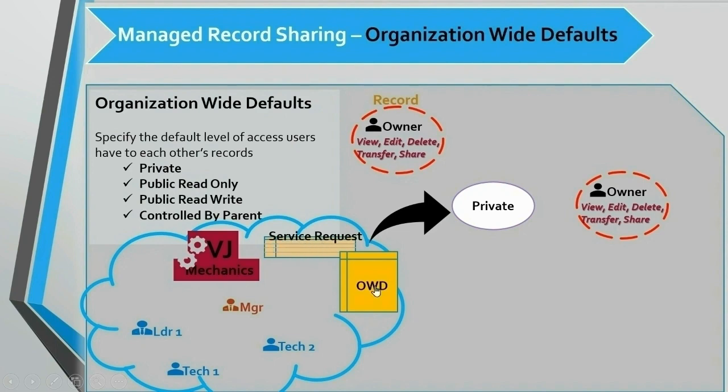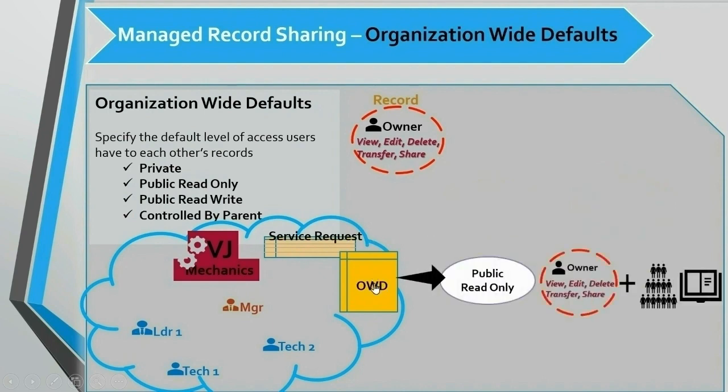If I select the OWD as public read only, then by default the owner of the record will get the complete access, as we know this concept, and then that record will be shared to the public with read only access.